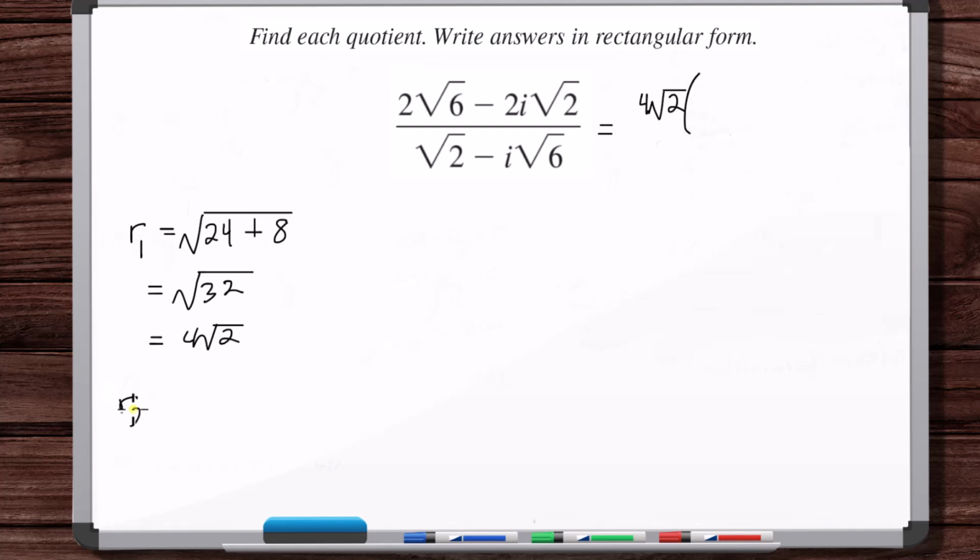Now in the denominator, we've got 2 plus 6, because square root of 2 squared is 2, square root of 6 squared is 6. So 2 root 2.